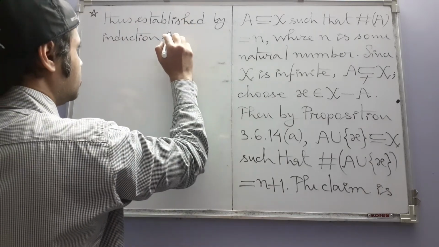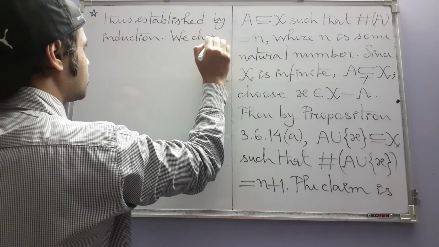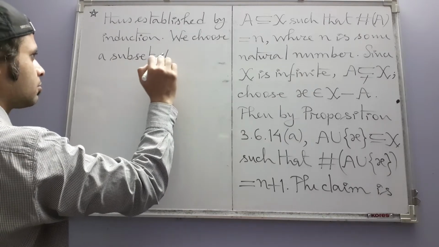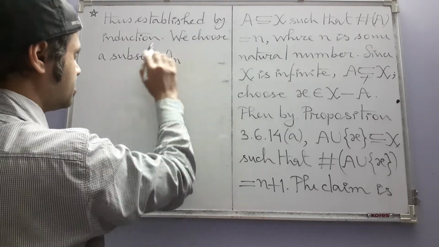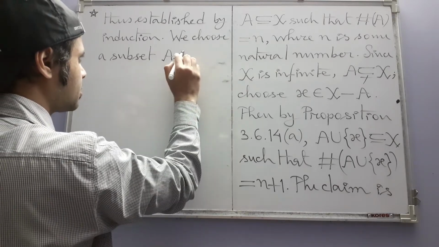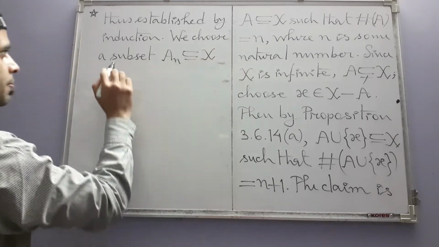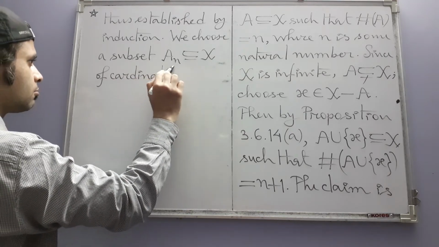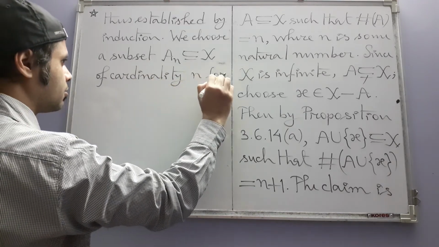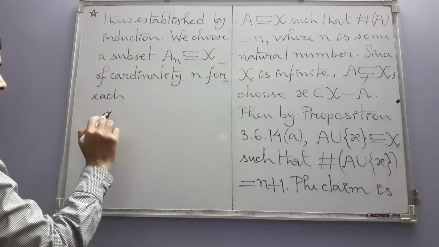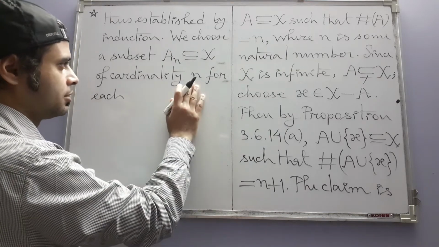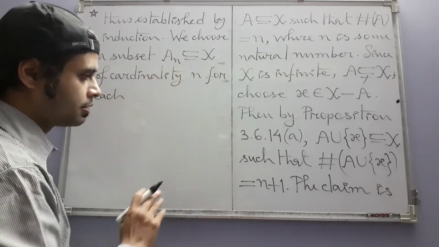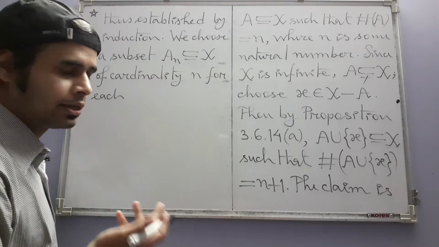Anyway, we choose a subset A_n of X of cardinality n for each, actually let's consider positive integers n or positive natural numbers, because we are now going to take the union of all these A_n's, and the empty set will not play any role.